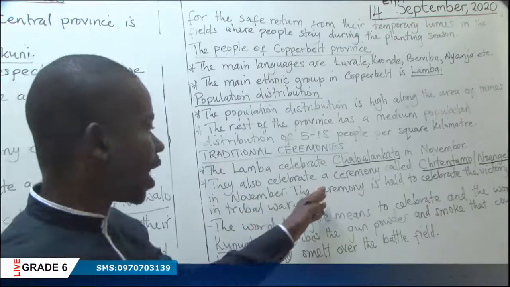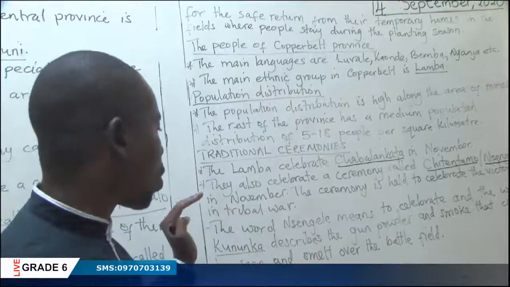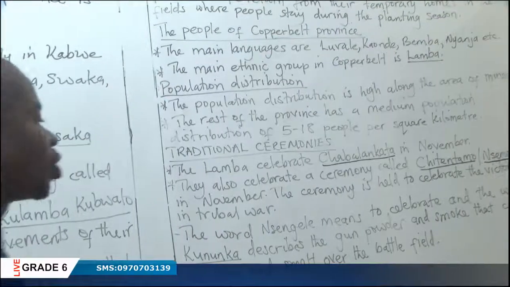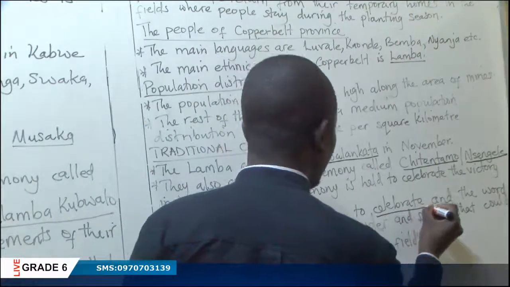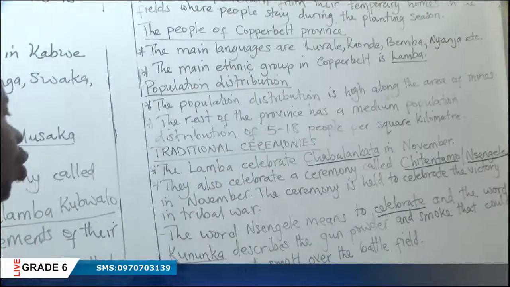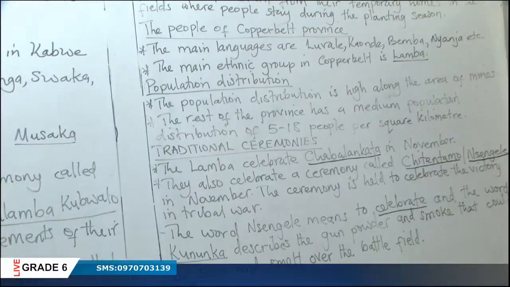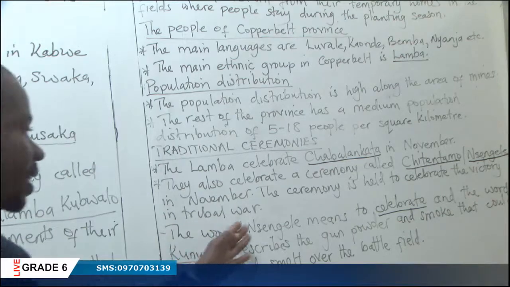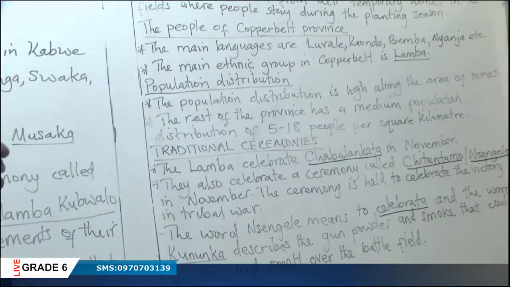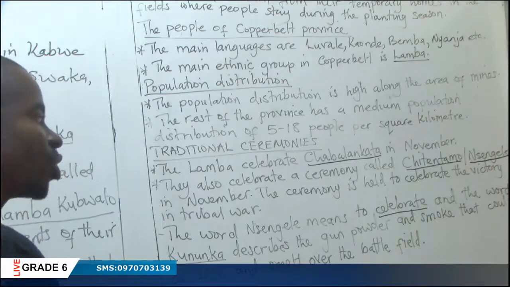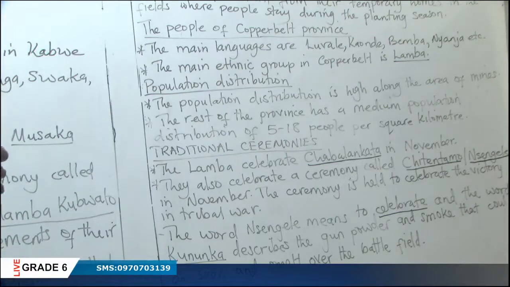So boys and girls, you must also understand that the word Nsengele means to celebrate, and the word Kununka describes the gunpowder and the smoke that could be seen and smelt over the battlefield.